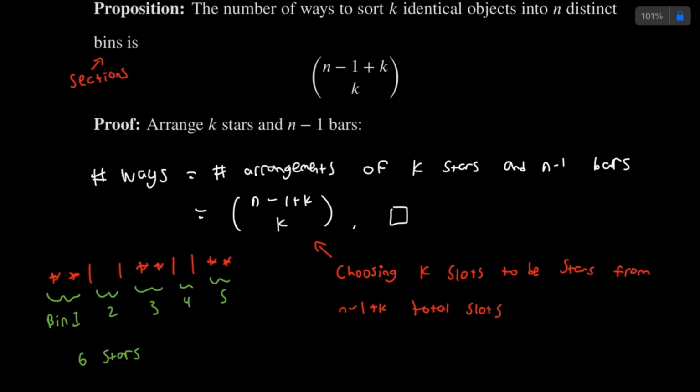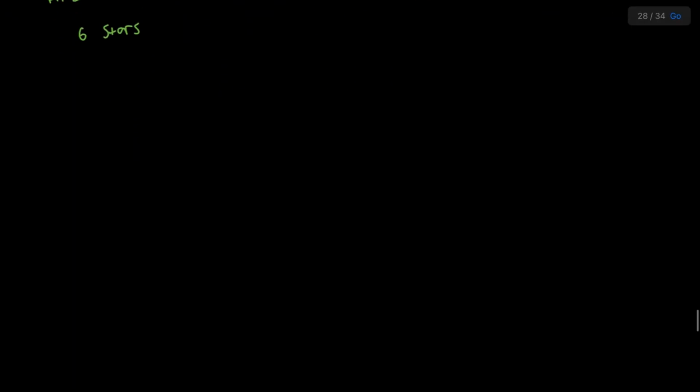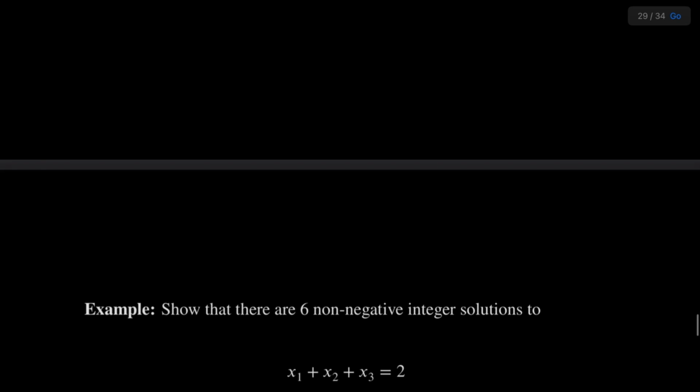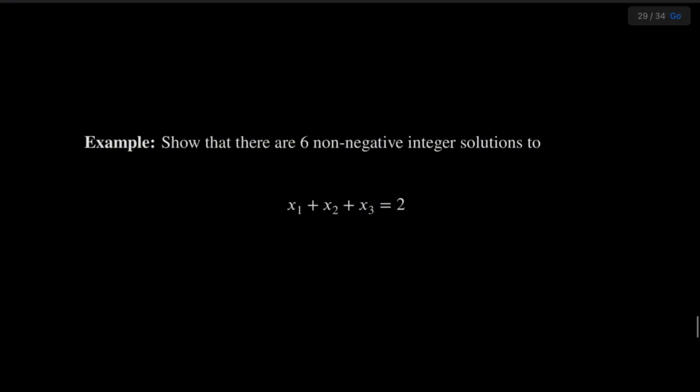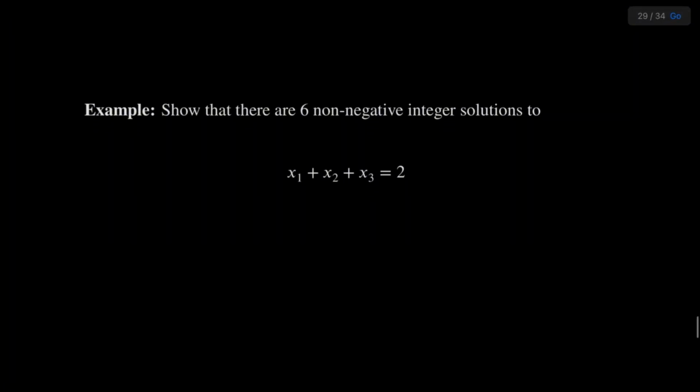All right. So this is a very useful technique for these kinds of problems when it comes to arrangements of things. And there's a pretty cool application of this, which I'll show you next. Show that there are 6 non-negative integer solutions to x1 plus x2 plus x3 equals 2. So what do I mean by a non-negative integer solution?